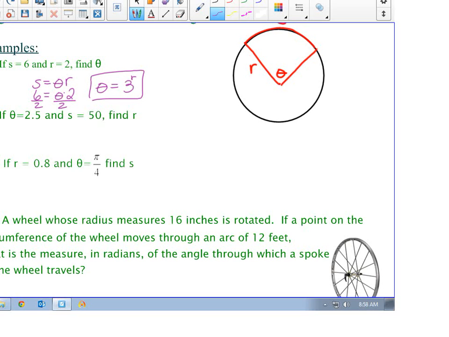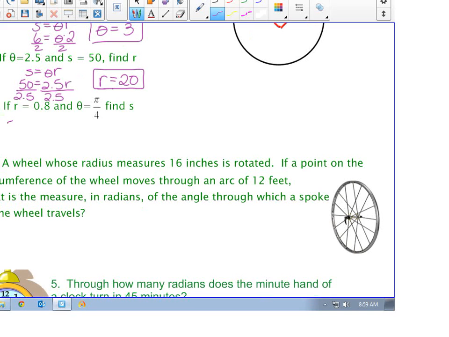If theta is 2.5 and S is 50, 50 equals 2.5 times R. Divide by 2.5, and we get that R is 20. So the radius of the circle would be 20 if an arc length of 50 is cut off. S equals theta R. You can see again, that's what I'm doing.